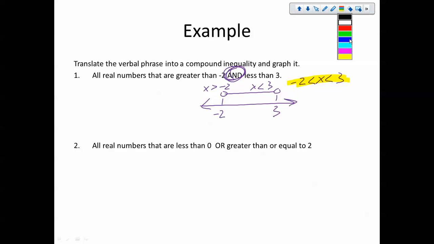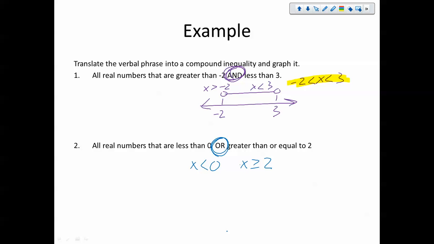What about the second example, which thankfully I did not use these random numbers when I did that one. All real numbers that are less than 0 or greater than or equal to 2. So x is less than 0 or x is greater than or equal to 2. Notice this is an or statement, so we're going to have it as two separate inequalities.